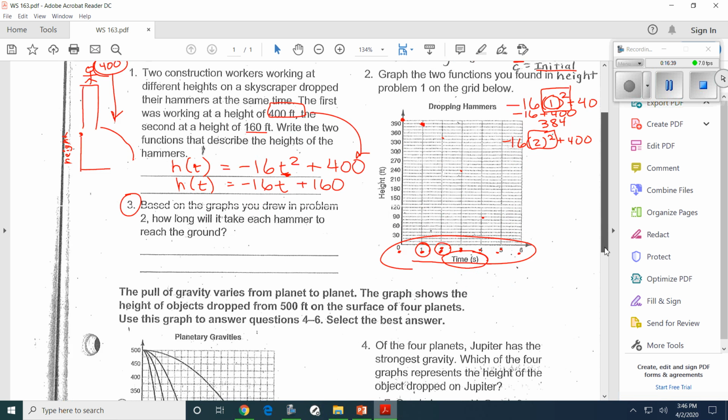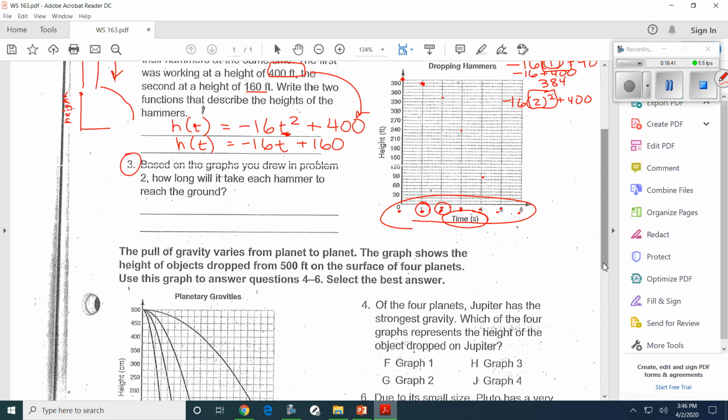If you want to do it mathematically, if it hits the ground, what would the height of the hammer be at that point? 0. So all we would have to do is plug in 0 for the y, which is the same thing as the h of t. If we plug in 0 for the height, then we have our equation that we started out with.